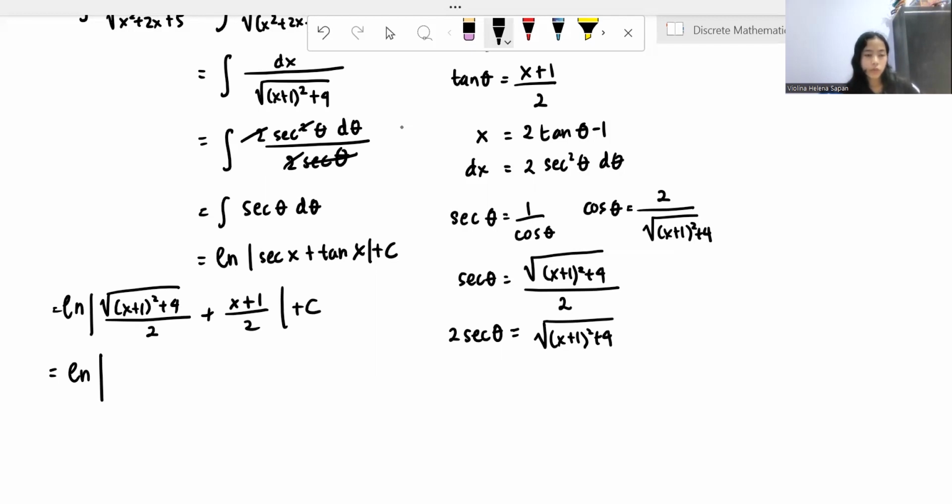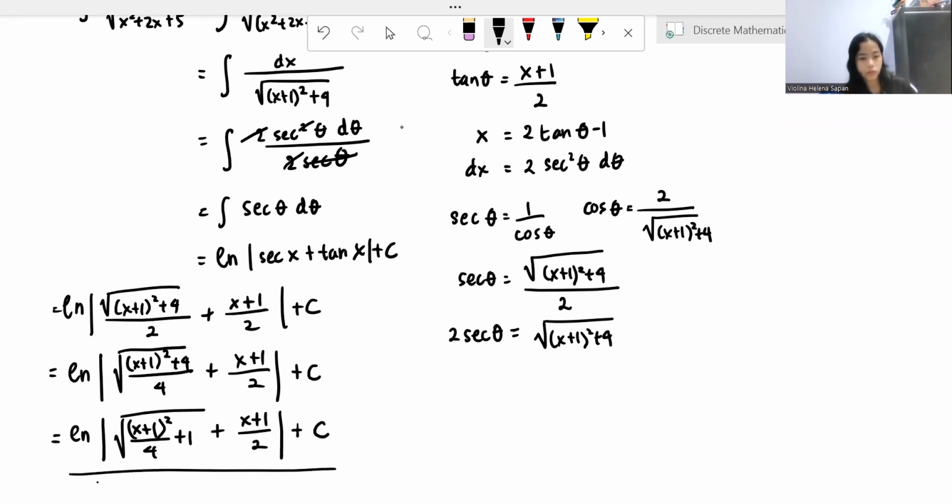So if we want to include the denominator in the square root, this will result in, next, we can divide x plus 1 squared by 4 and this 4 by 4. And it will result in, ta-da.